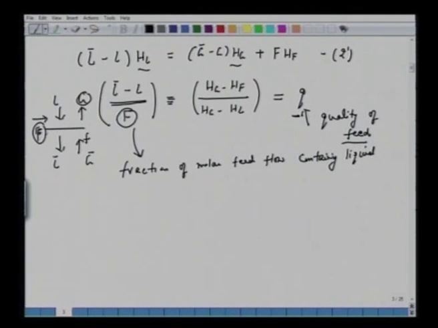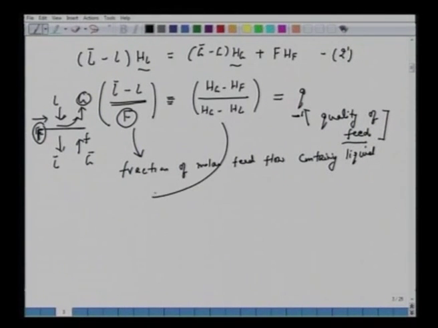All right. So just for the discussion, if feed is 100% saturated with respect to this temperature here, liquid as a liquid, then no component is vaporized here. So whatever L bar is, we have L plus F, Q will be 0. All right. Similarly, if entire feed is saturated vapor, the entire vapor we get into this, we have Q equal to 1. All right. So this Q is called quality of this feed here.